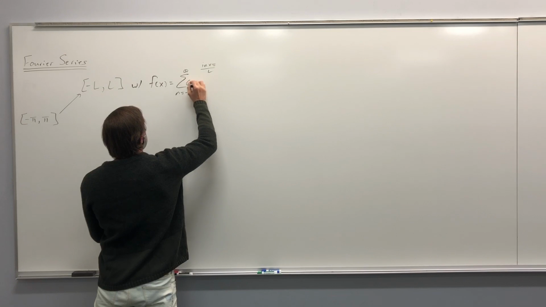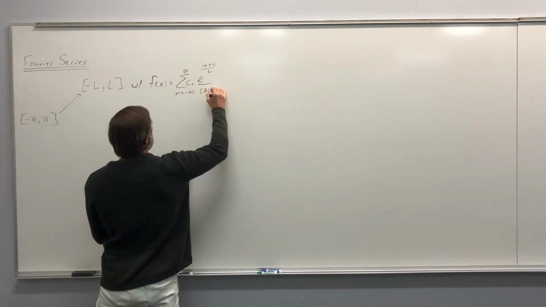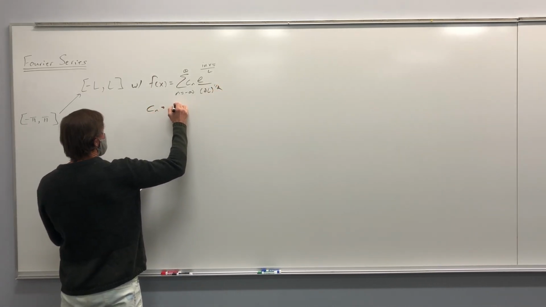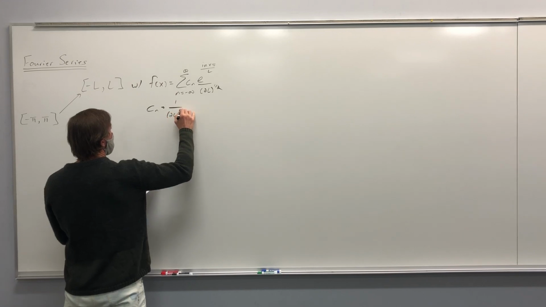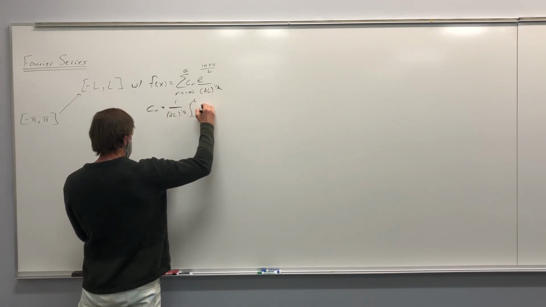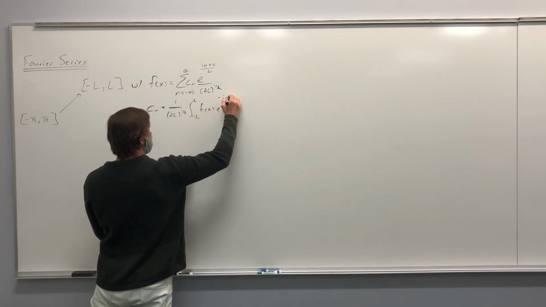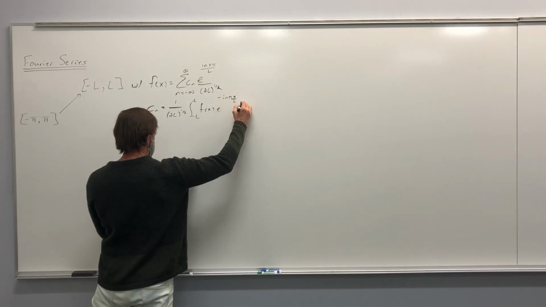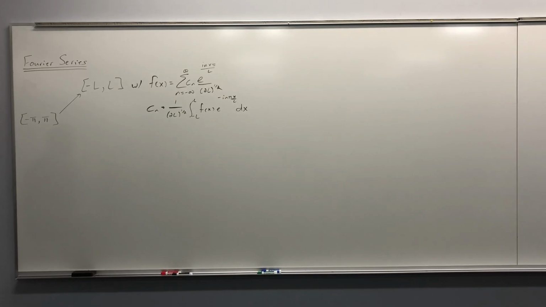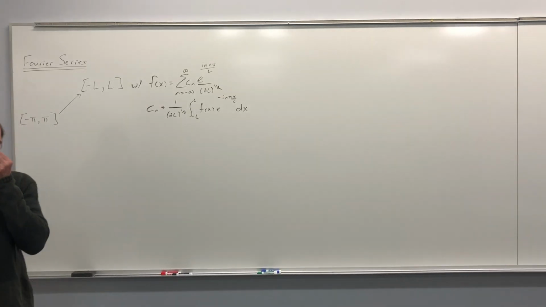The Cn coefficients in this case are given by 1 over (2L) to the 1/2, times the integral from minus L to L of f(x) e to the minus i n pi x over L dx. Obviously, you could just set L equal to pi, and this will reduce back to what we got last time.